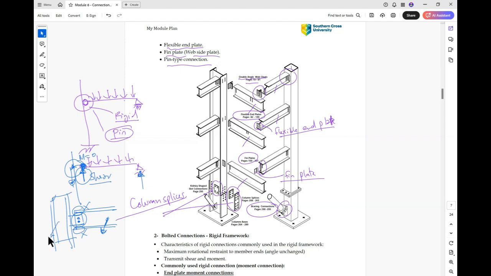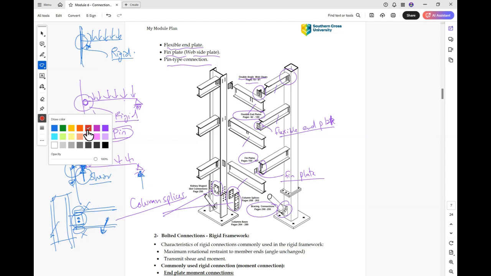Another example: if this is a cantilever without support here, and this is the column, there will be moment transfer from the cantilever to the column. So the connection here needs to be a rigid connection.